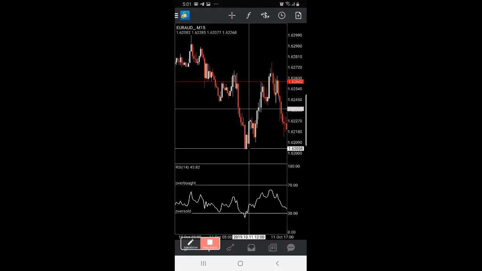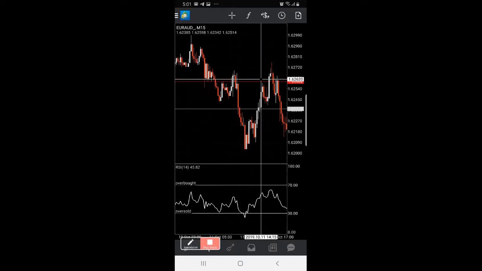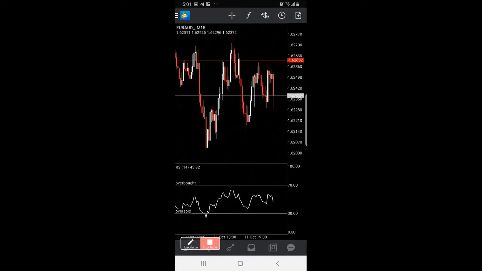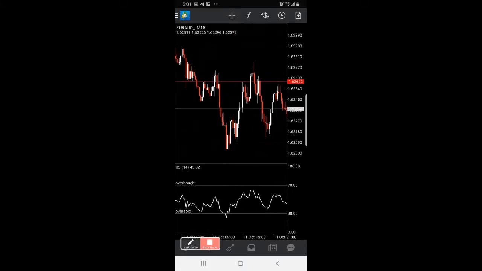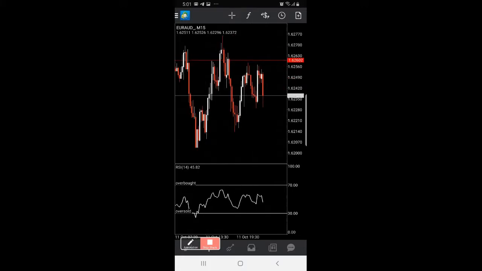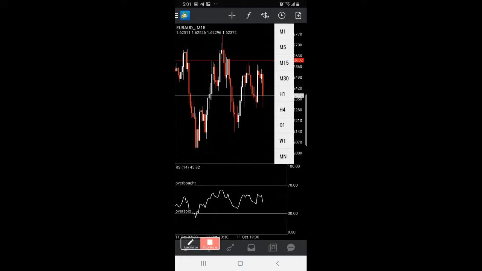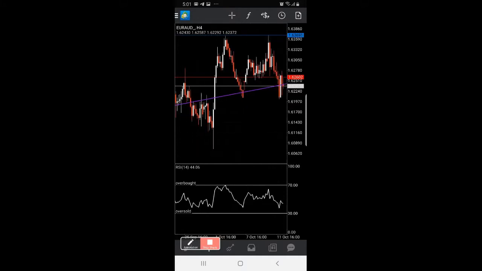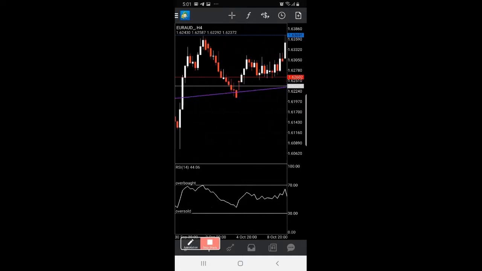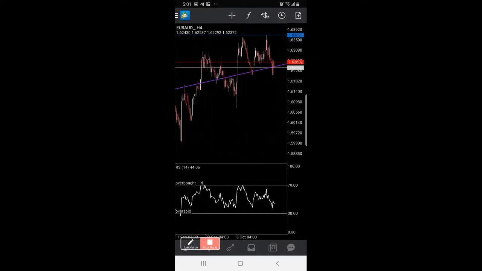Even right here, you see price came down and it went up here. Now, I like these levels more so on higher time frames for massive pips, okay? Higher time frames is more precise, more accurate.